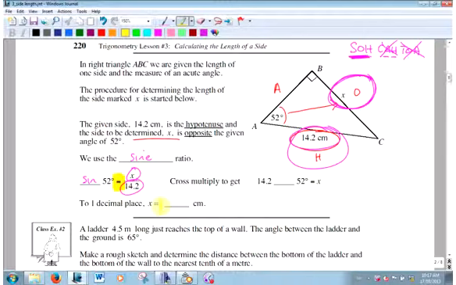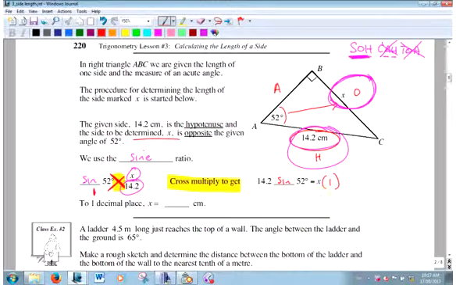Now, how do I solve this? You guys have heard of cross multiply? Cross product, same thing. You can think of this over 1 if you want. So we diagonally multiply 14.2 times sine 52 equals x times 1.